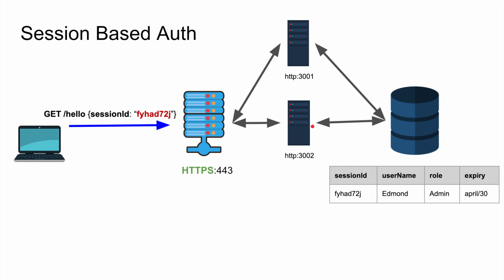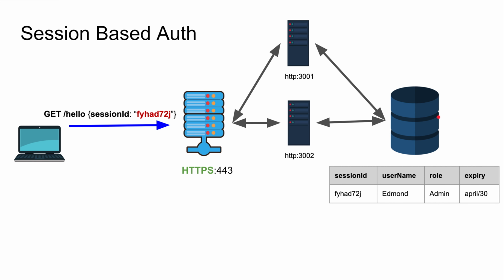The session ID by itself doesn't have any info, right? How do I get the information? I query the table. That session ID says, okay, who is this guy? And I find that, oh, it's Edmond, and this is an admin, and is this expired? Okay, it's not expired, so authenticated, good. So you don't have to send the username and password with every request. Just sending the session ID, I know you.